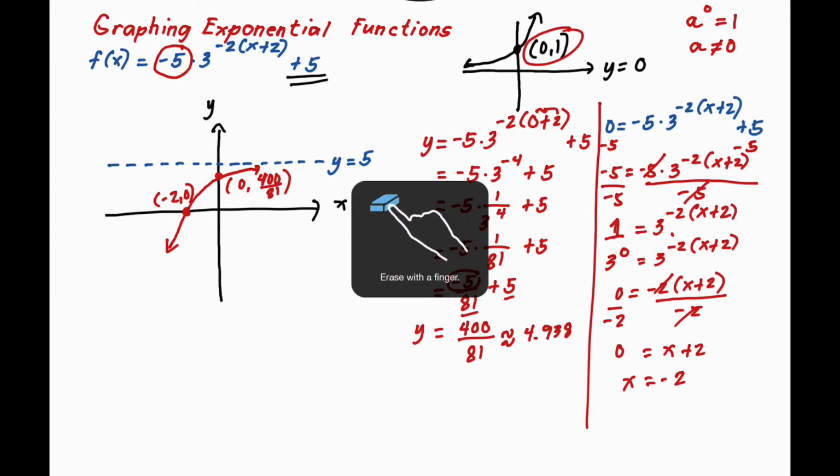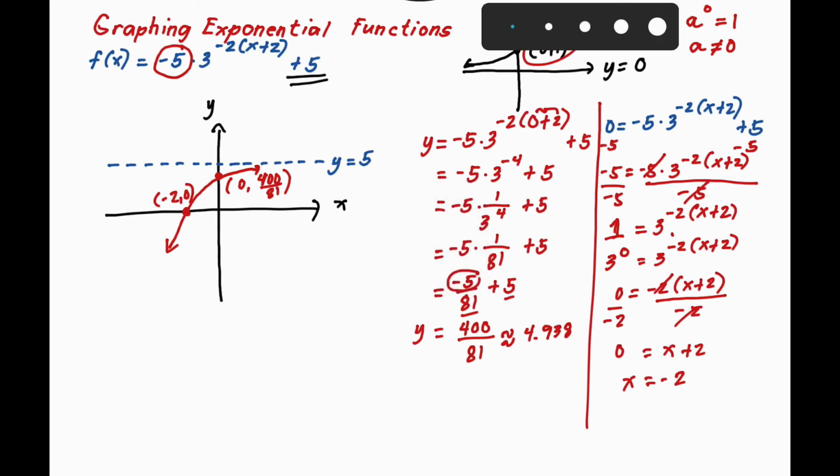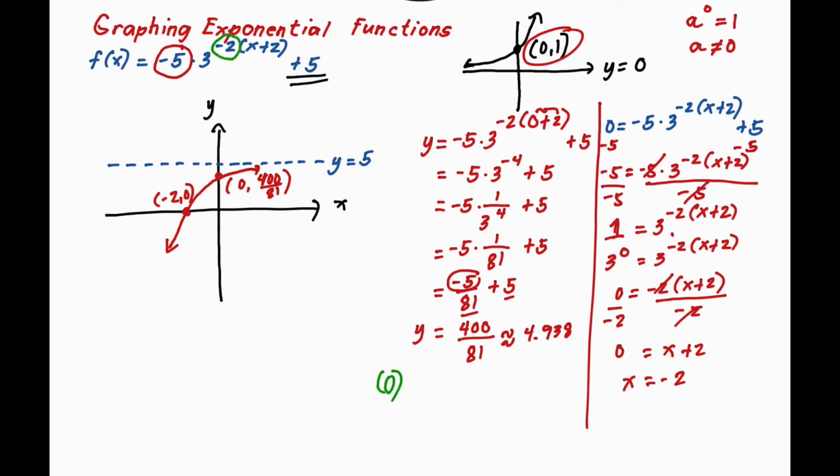Since there is a horizontal shrink, we multiply it by the reciprocal of negative 2, which is negative 1/2.